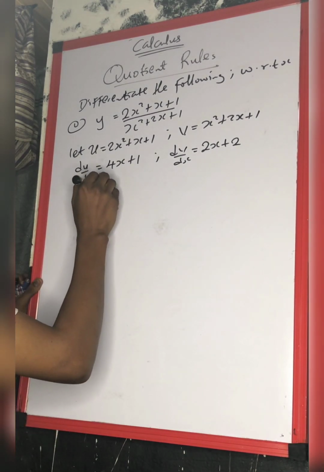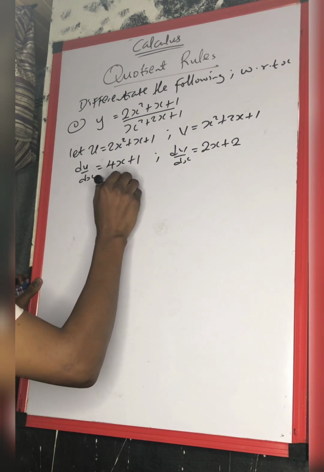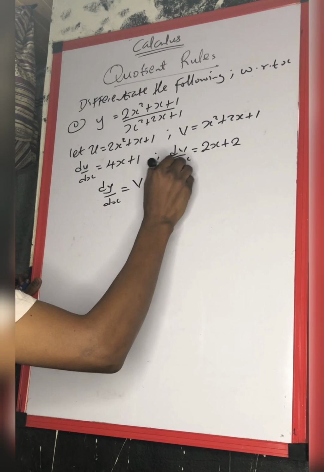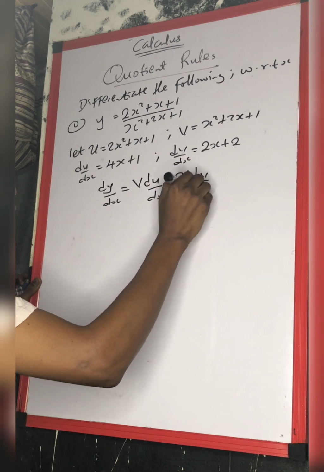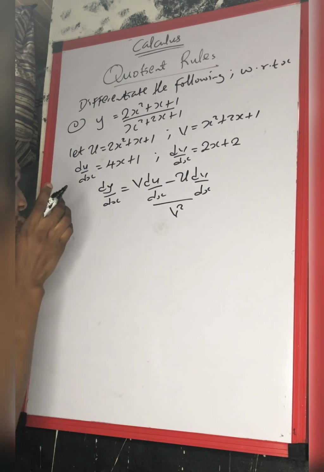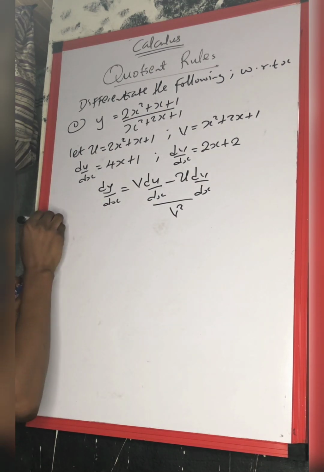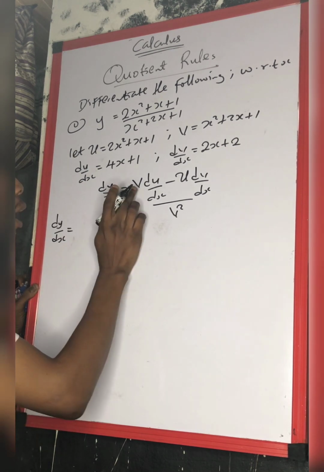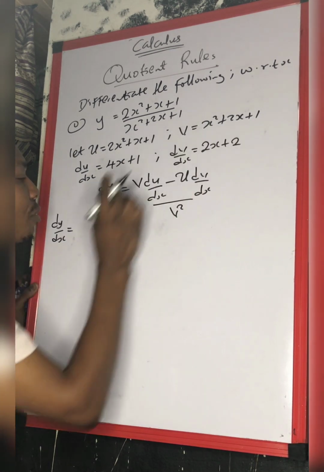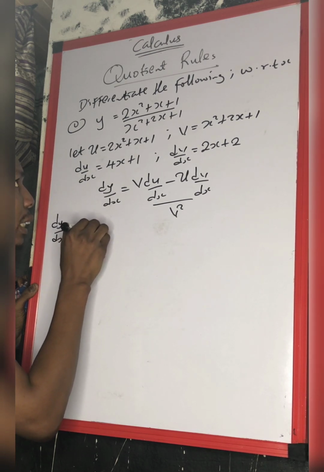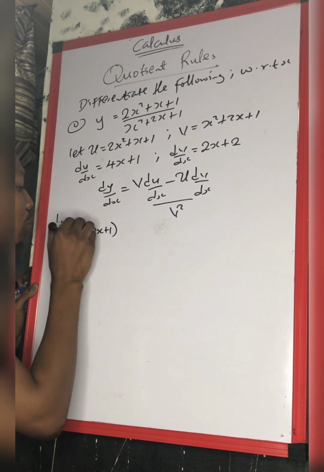Our formula is dy/dx equals v du/dx minus u dv/dx. Don't forget the u is negative, all over v squared. So from there, to get our dy/dx, our v is everything here, which is x squared plus 2x plus 1.